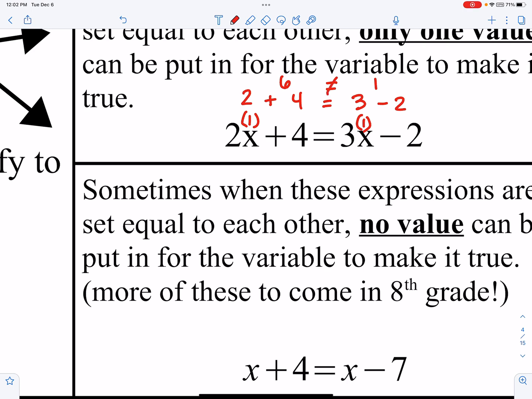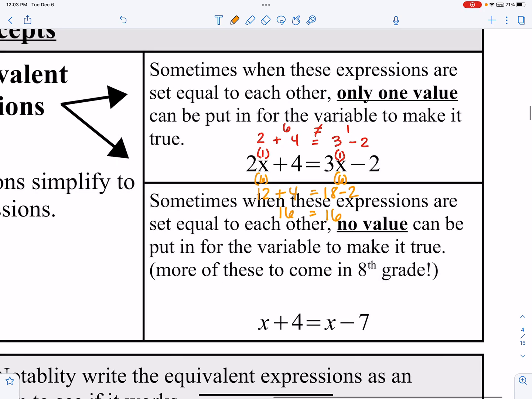But if I inputted something different, let's say I input a 6 into here, 2 times 6 is 12, plus 4, 3 times 6 is 18, minus 2. These ones end up working. So this is an example where sometimes an equation only has one value that can be put in for a variable to make it true.